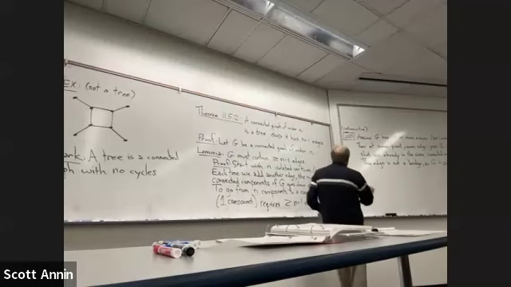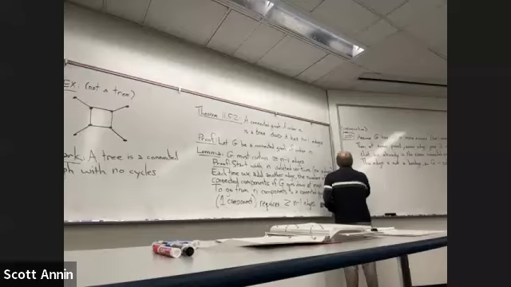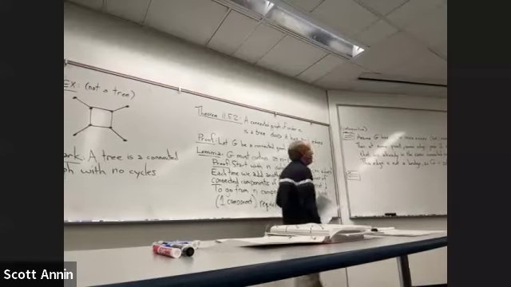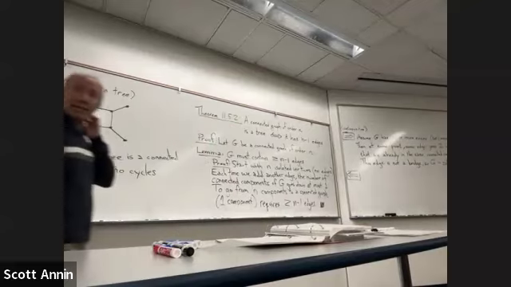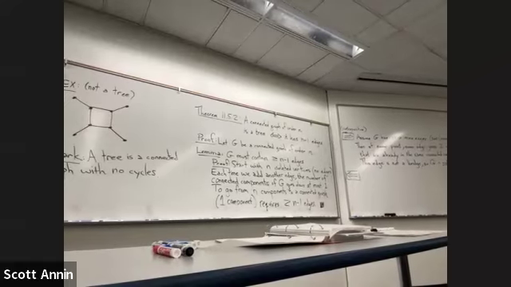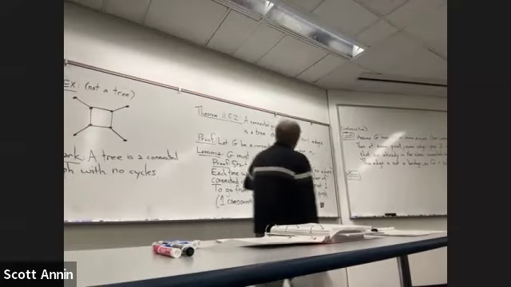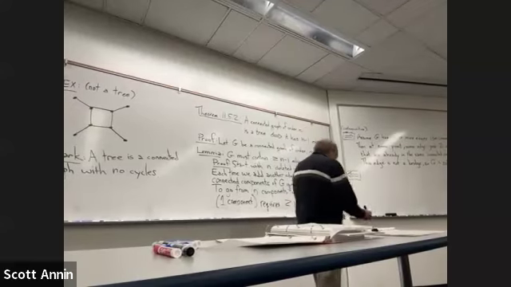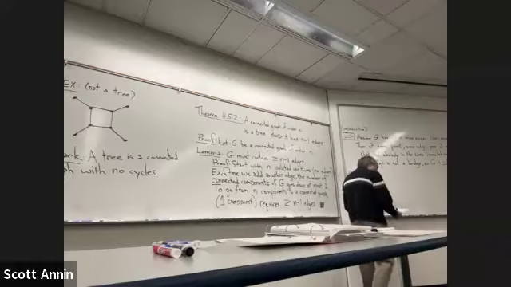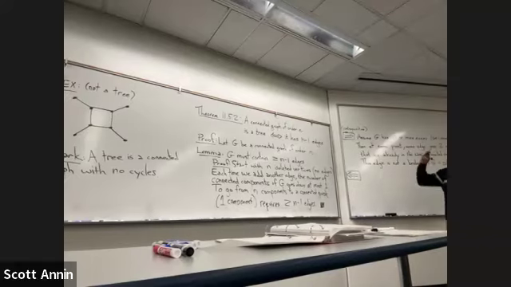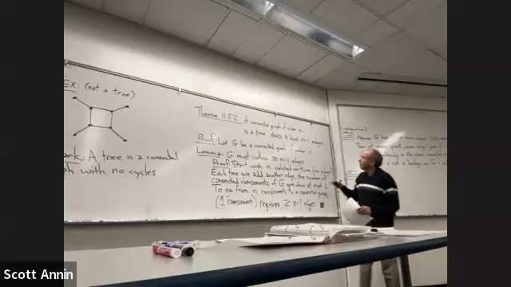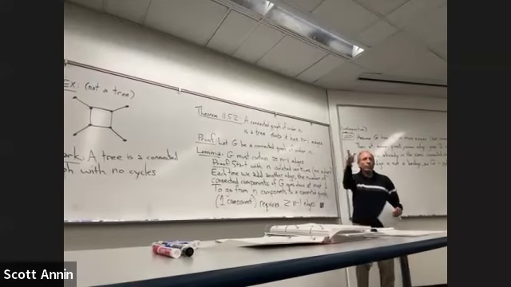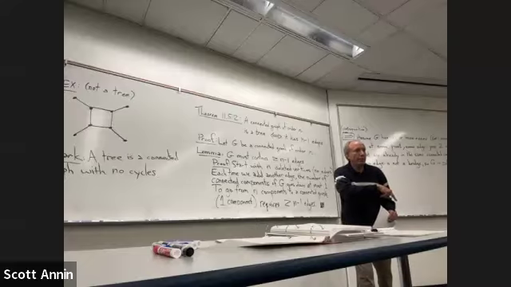What about the other part? If my graph does have exactly n-1 edges, then it must be a tree. Well, this is basically saying that every time I added an edge, I knocked the number of components down by 1.